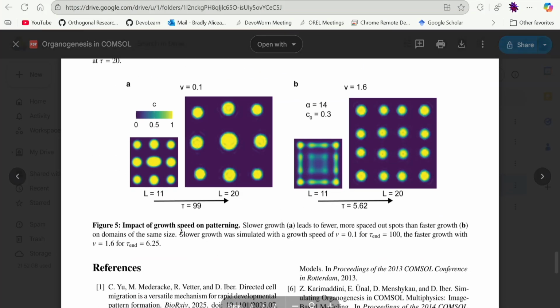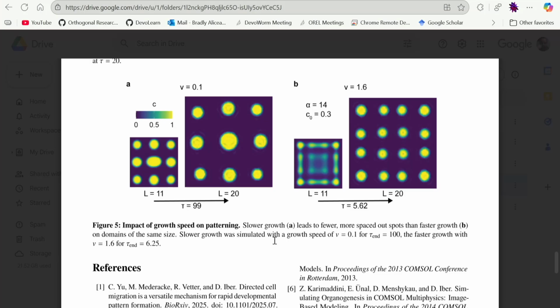And then the impact of growth speed on patterning. The lesson here is that slower growth, which is represented in A, leads to fewer, more spaced out spots than faster growth, which is in B, on domains of the same size. So if we have slower growth, we get spots that are fewer in number and more spaced out.